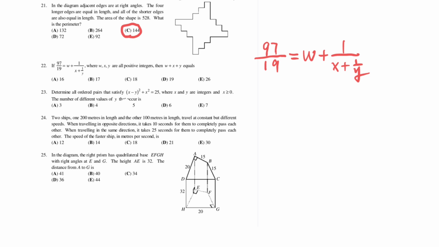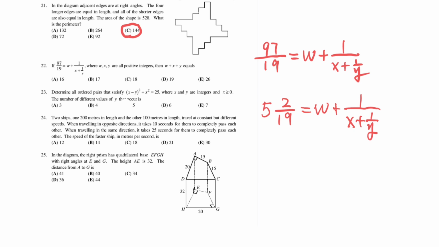Now we convert the left side to the mixed number 5 and 2 over 19, equal to w plus 1 over x plus 1 over y.